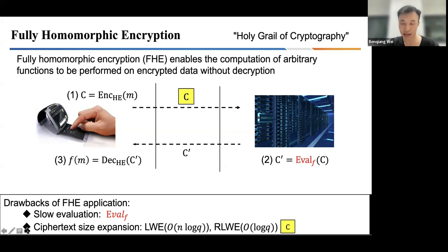A typical application scenario for FHE is that the client can send the ciphertext encrypted by FHE to the server, and the server can compute some practical functions on the encrypted data. Finally, the client receives the ciphertext, decrypts it, and obtains the final result. That is FHE.